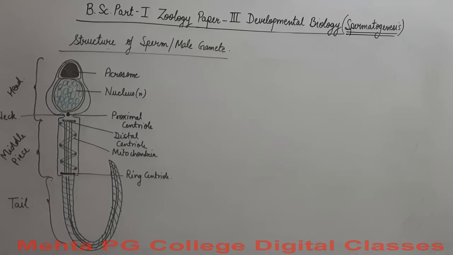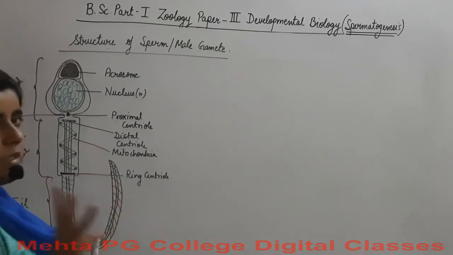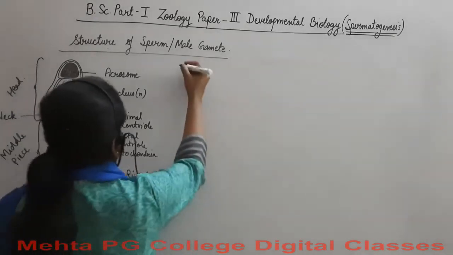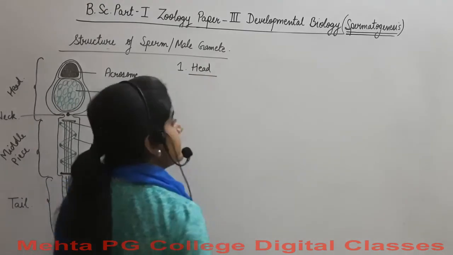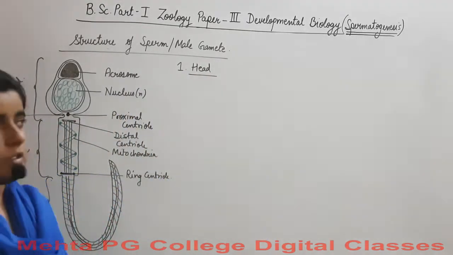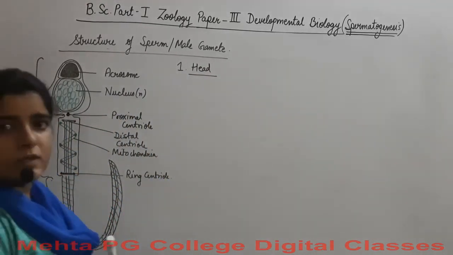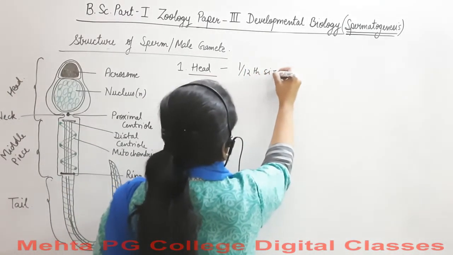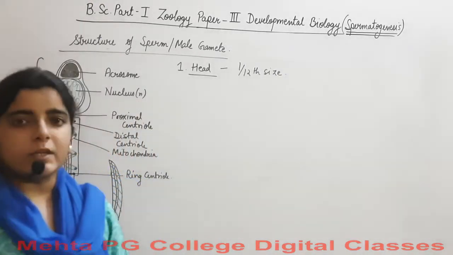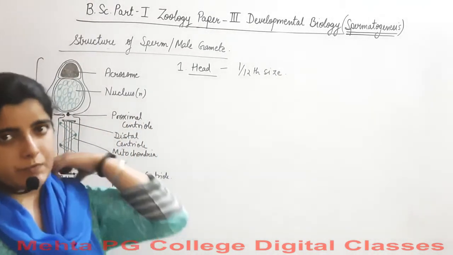So we divide it into three parts. The first part is the head region, the smallest part, about 1/12 the size of the whole sperm.